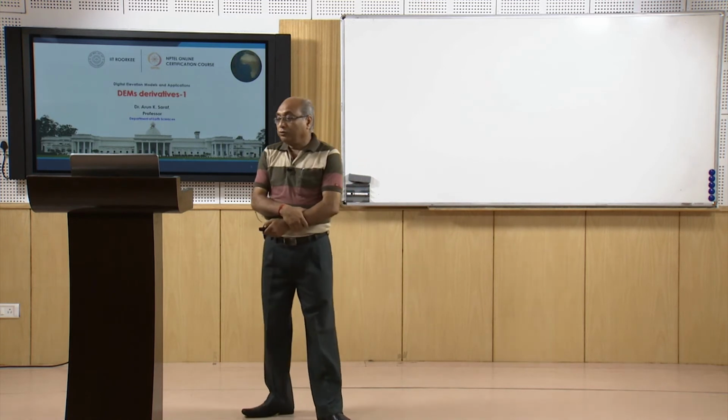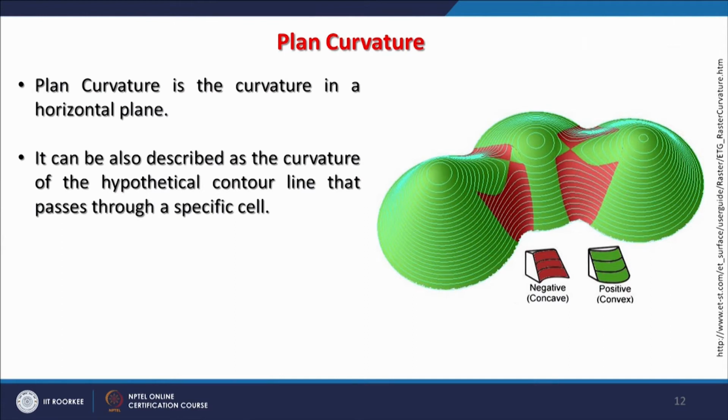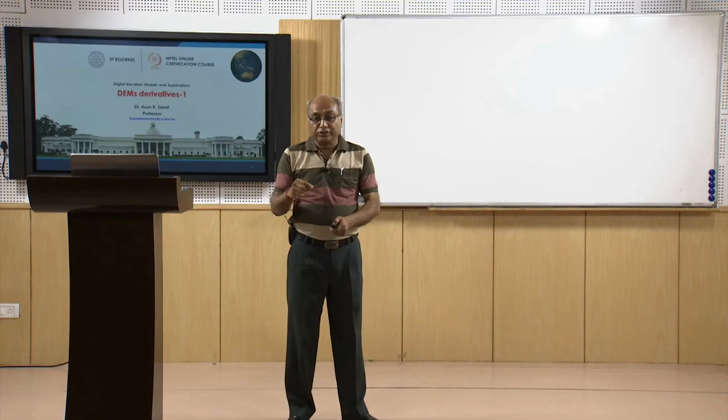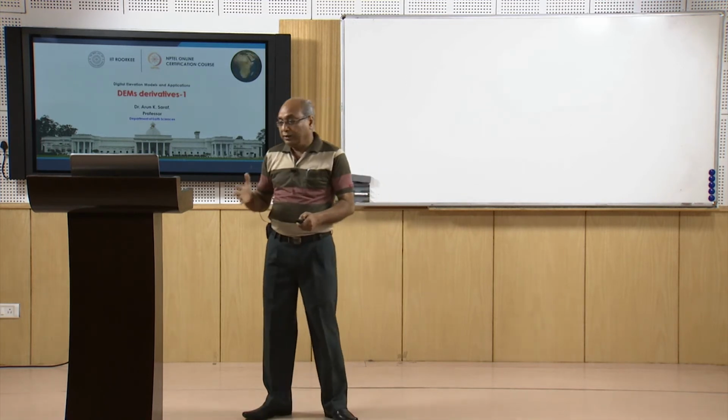This plan curvature can also be described as the curvature of the hypothetical contour line that passes through a specific cell. And this plan curvature is positive for cells with concave contours and negative for cells with convex contours. Here, instead of discrete lines like contours, in a digital elevation model we are going to have cells or a continuous grid, but it does not matter, and the concept will remain the same.